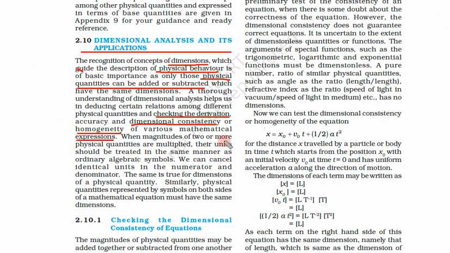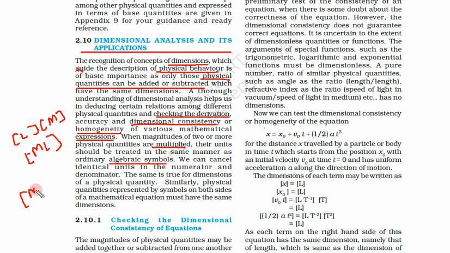When the magnitudes of two or more physical quantities are multiplied, their units should be treated in the same manner as ordinary algebraic symbols. So if we are multiplying L and M, we simply write it as M into L. We can cancel identical units in the numerator and denominator.